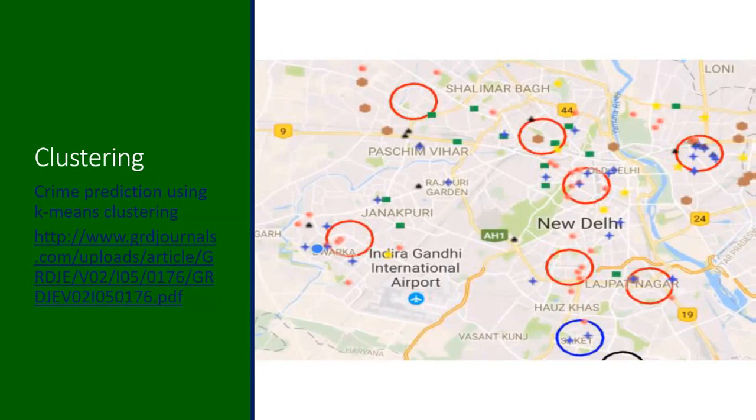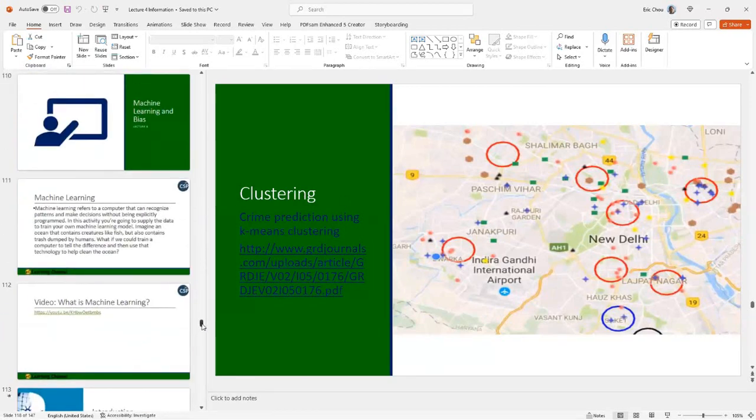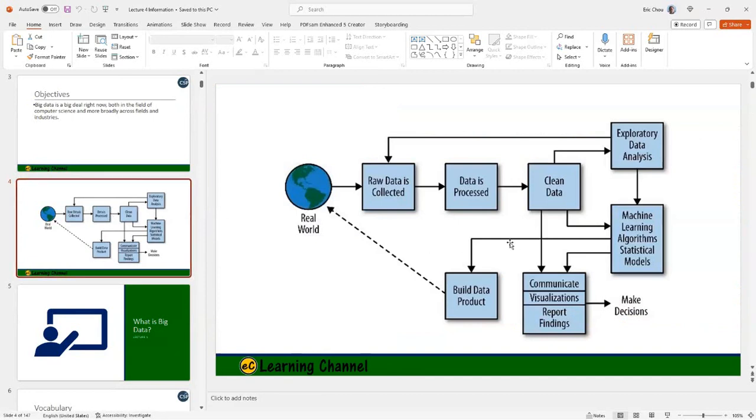I think this map is related to some Indian city. They do have such a report there to help figure this out. So machine learning as a whole is to help you use the past data to understand current physical events.